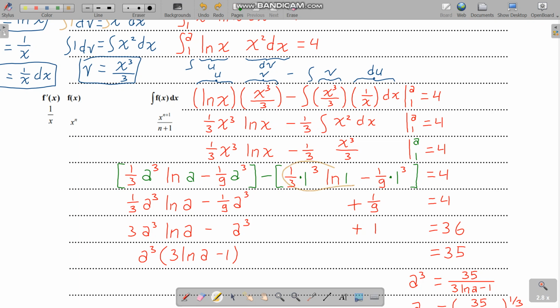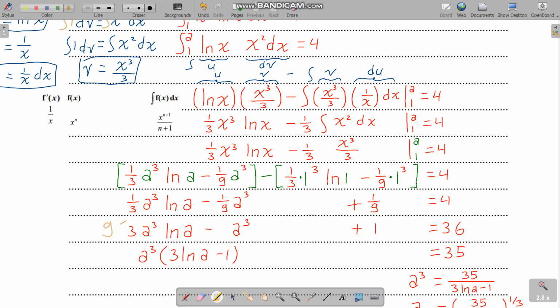For this part, you can use a calculator because ln 1 is actually 0, so this whole thing is 0. We have only minus 1 over 9, and 1 cubed is 1, so minus 1 over 9 times minus gives plus 1 over 9.